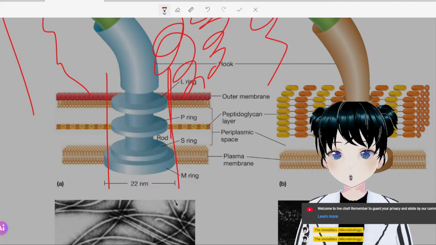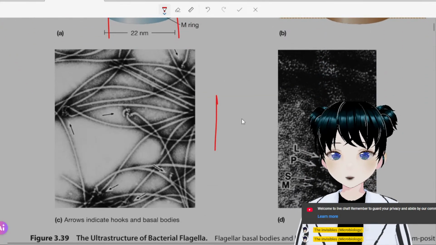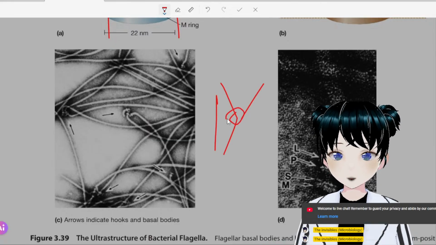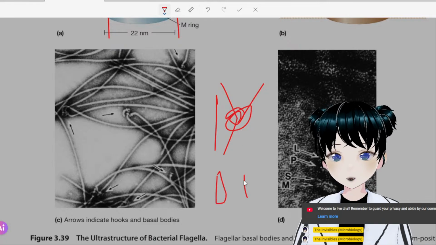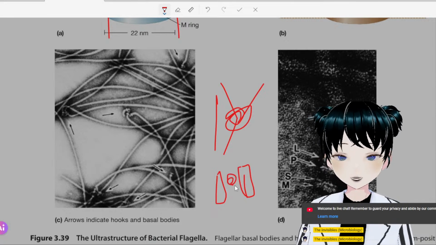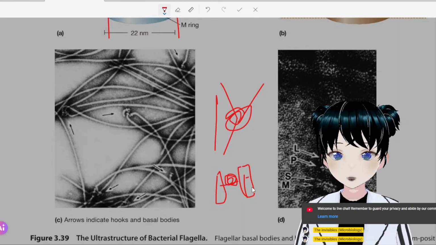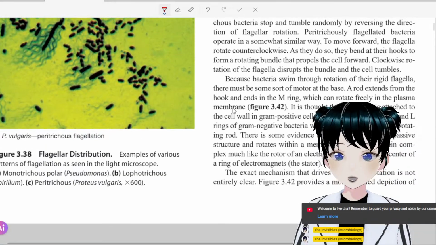They say it works just like a fan, this fan that gives air. It has two strong magnets on both sides, east, west, whatever, and there is a rotatory portion in between. It doesn't touch the magnet, but it still rotates due to the magnetic field. The same is the working with the flagellar movement.